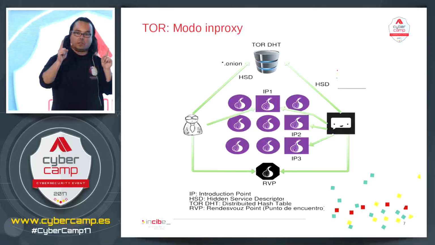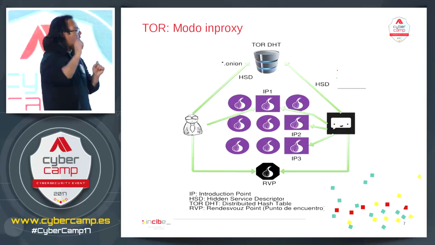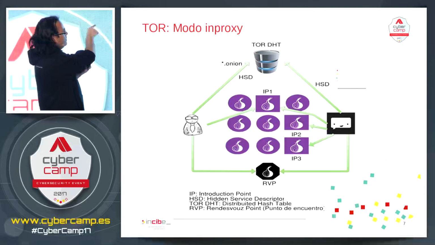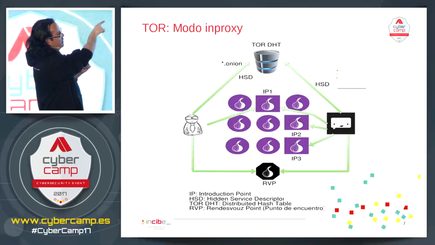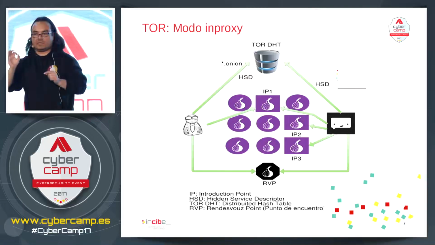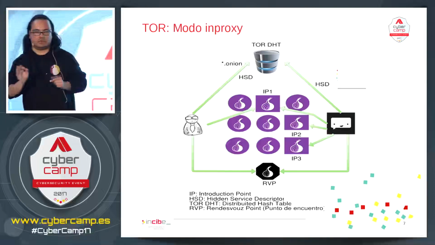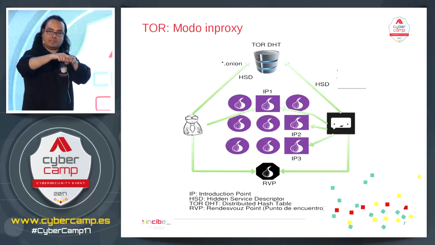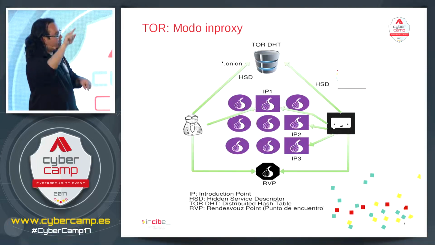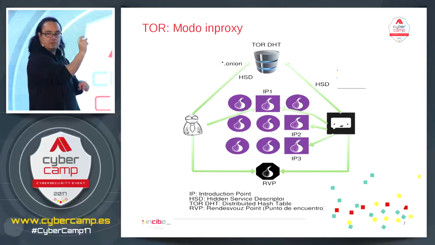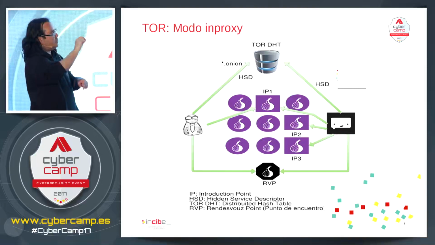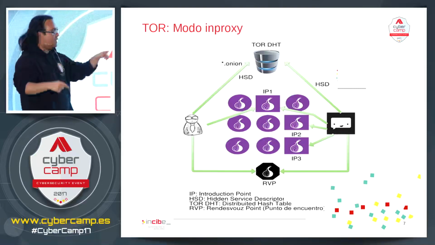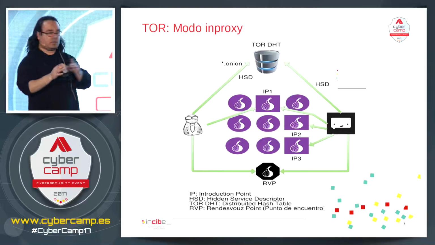So the rendezvous point generates a secret, so to say, a key that is sent to the client. Then the client connects to the introduction point and is sent to the hidden service. So from that OTC and the address of the rendezvous point, they create that connection. So this service sends the OTS.